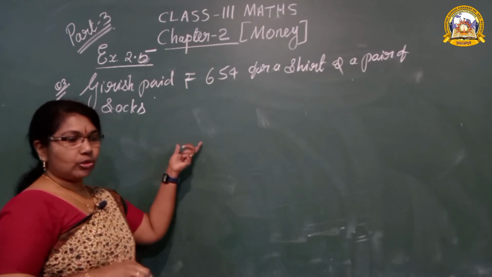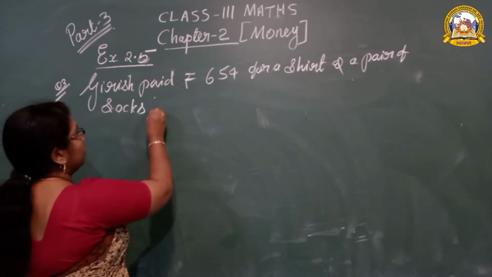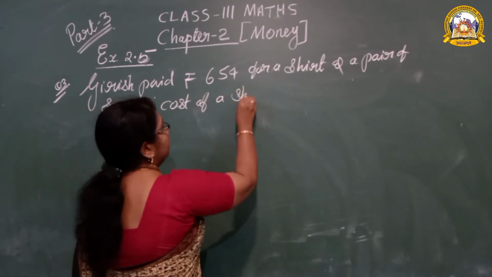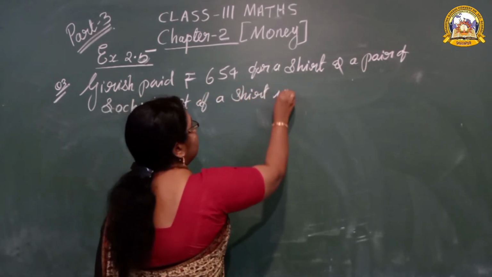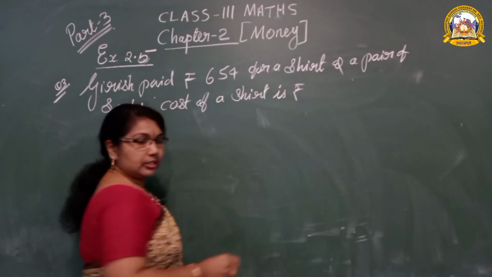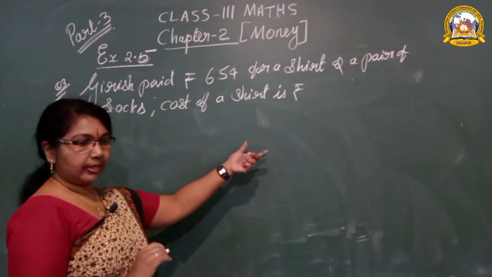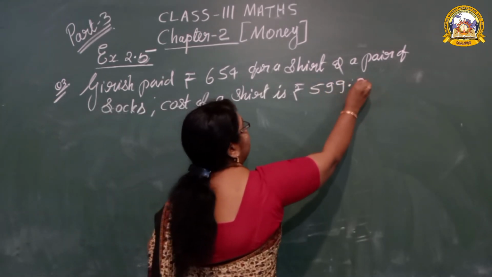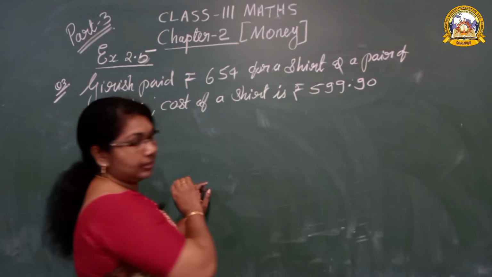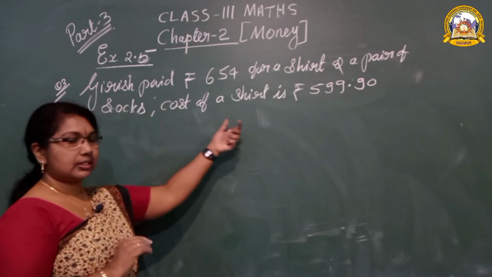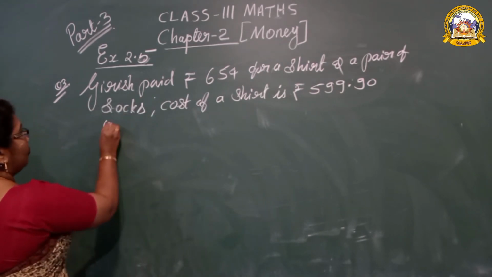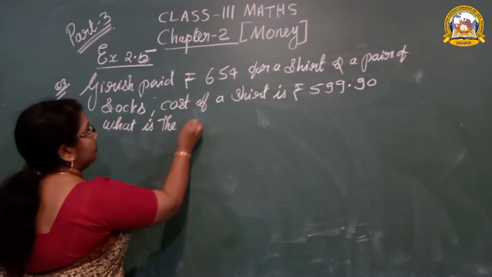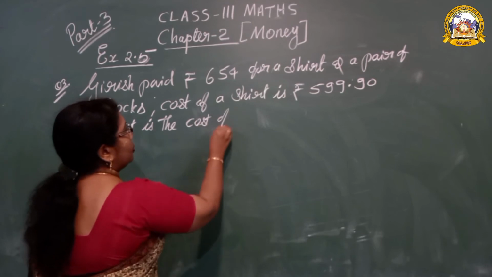Then if the cost of a shirt is rupees 599.90, we have to find what is the cost of socks.